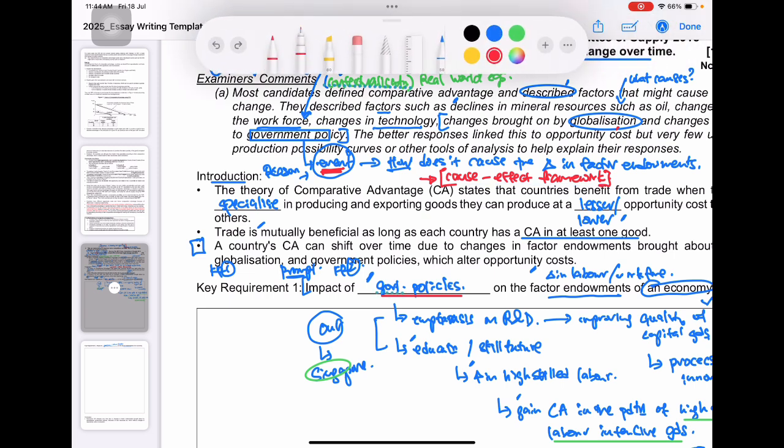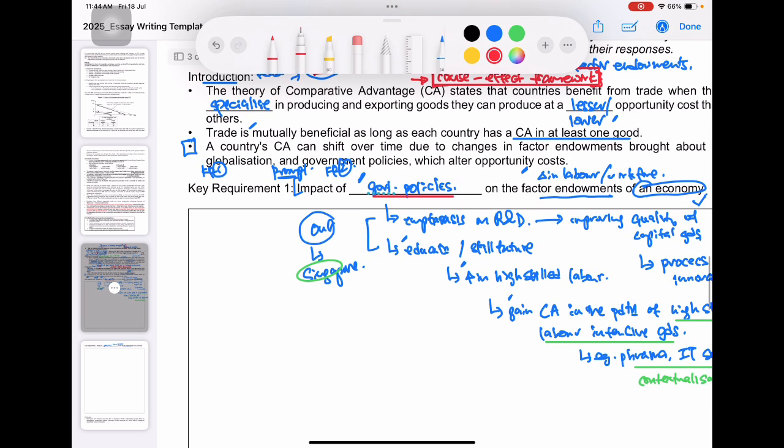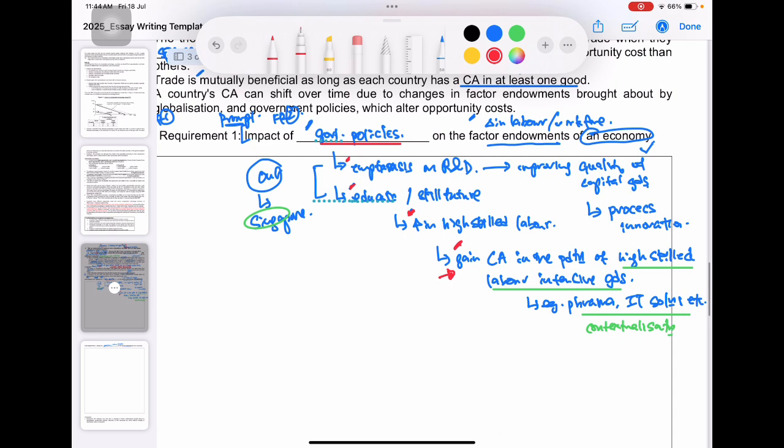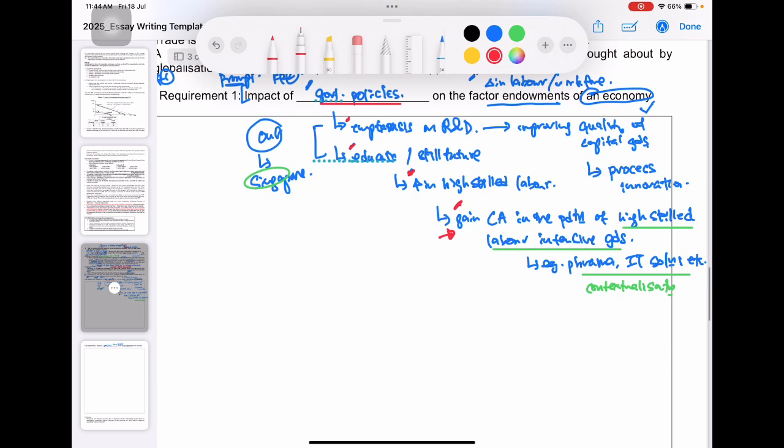So using this framework to be able to write out the impact in a systematic manner until the end of it, being able to come out with the conclusion of how it changes the comparative advantage. So it changes for Singapore case, I think not that you are not aware of.